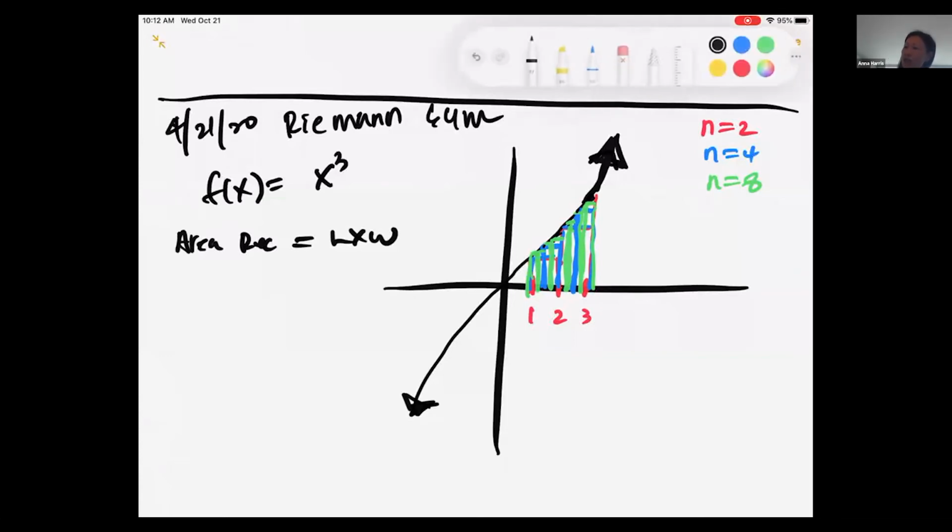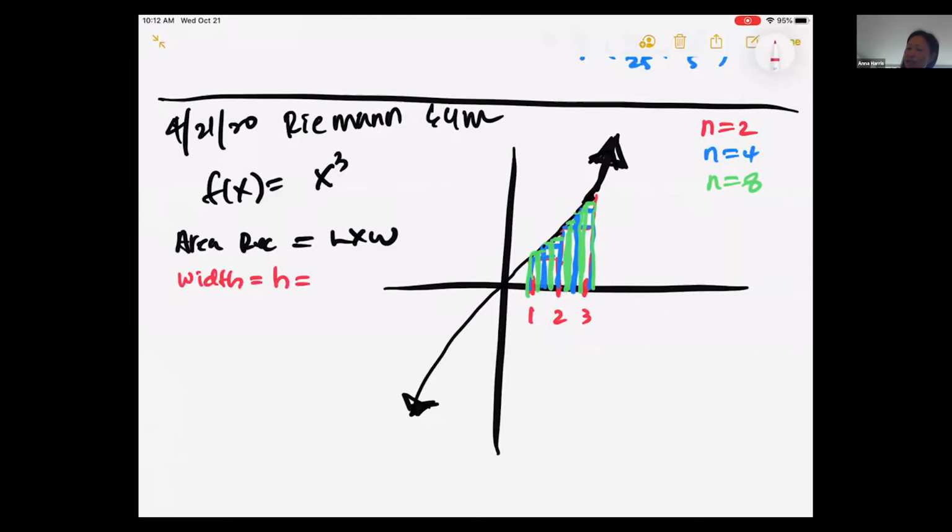So the formula says, first you need to find the width, which I call h, which is b minus a over n. In my case, I'm using that to be my b, that to be a. Starting number is 1, ending number is 3.